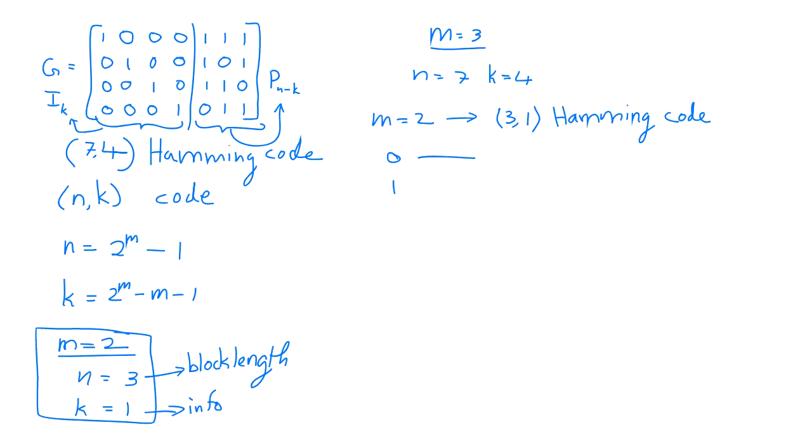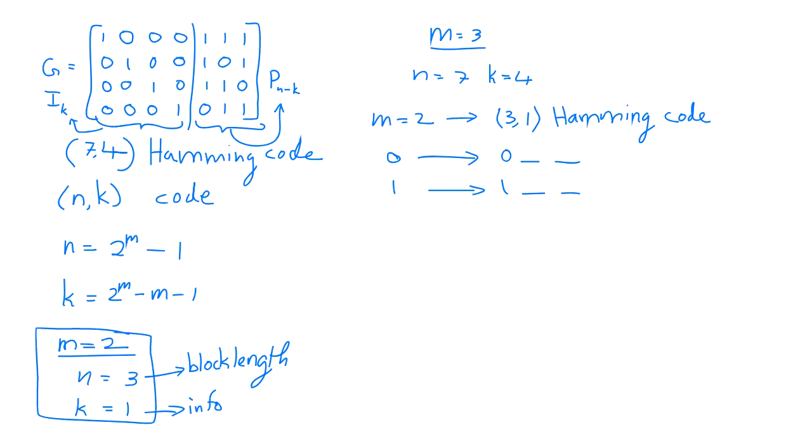When you perform the Hamming code, for the one message bit we add two parity bits, so that we get a code word of length 3. So it has 3 bits in length. After the coding, the one bit of information becomes 3 bits of code word.